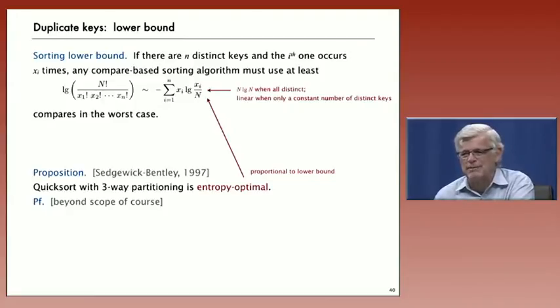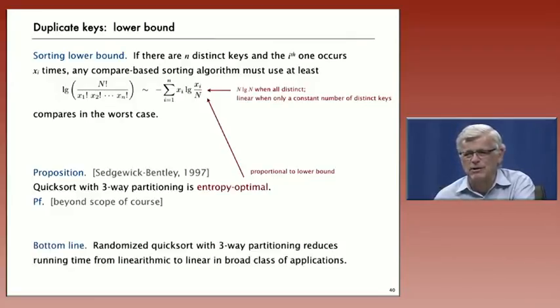So that's entropy optimal. What that means is whatever the distribution of equal keys in there, this is going to use a number of compares that's proportional to the best that you could possibly do. The proof of this fact is quite beyond the scope of this course, but it's still an important fact.